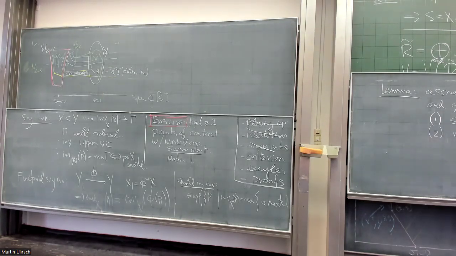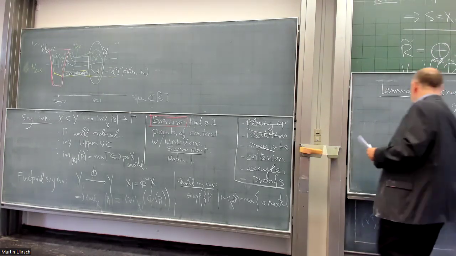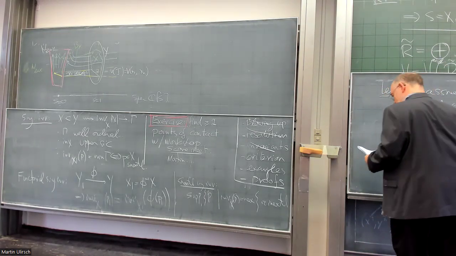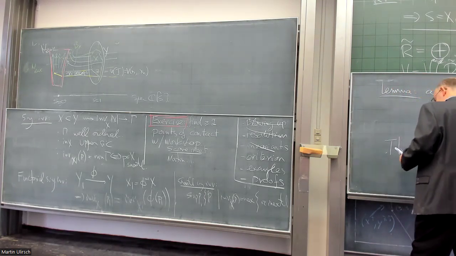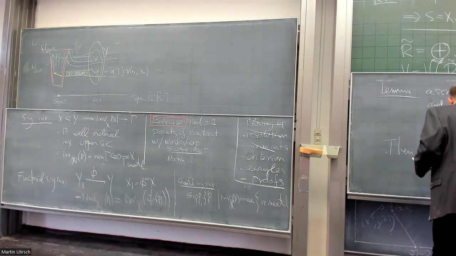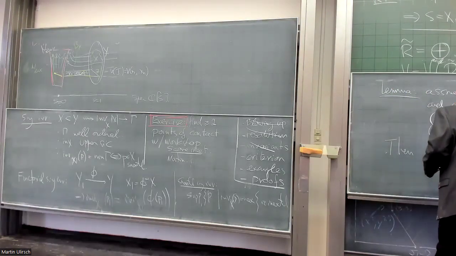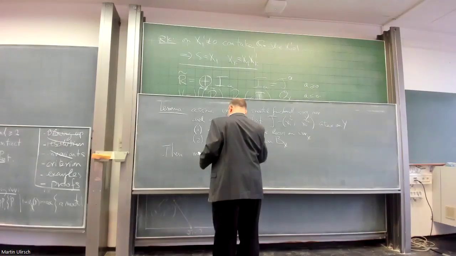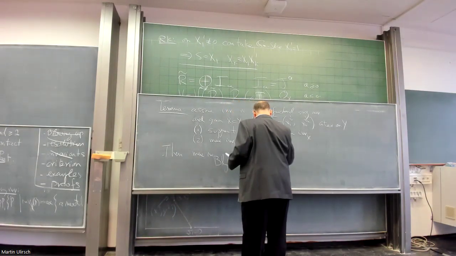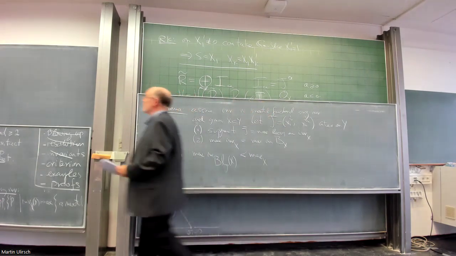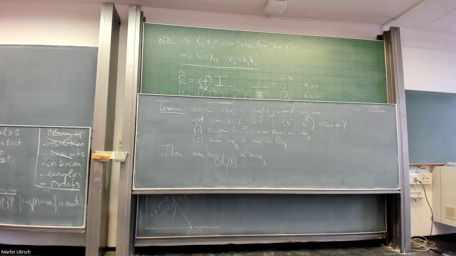So I stated a condition, and now what the lemma says is that the maximum invariant of the blow up is strictly less than the maximum invariant of X. So the blow up with respect to J of X is just Bx modulo GM.